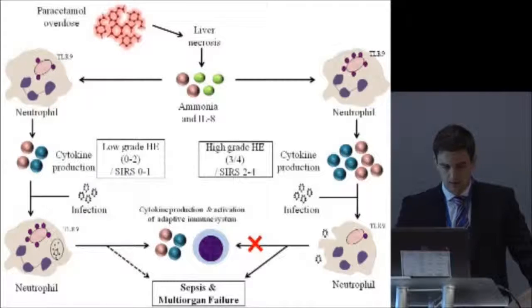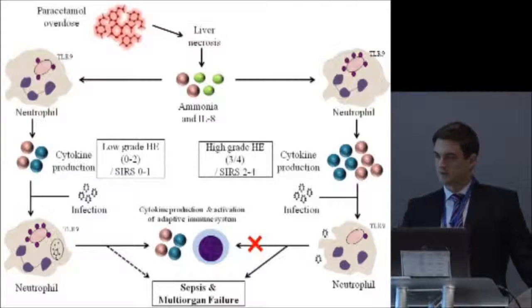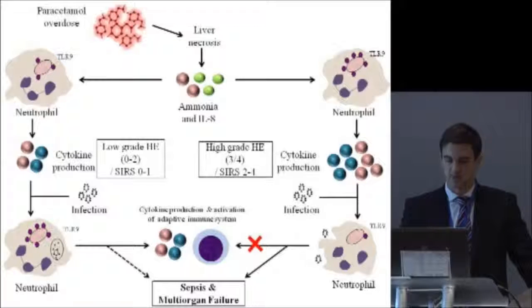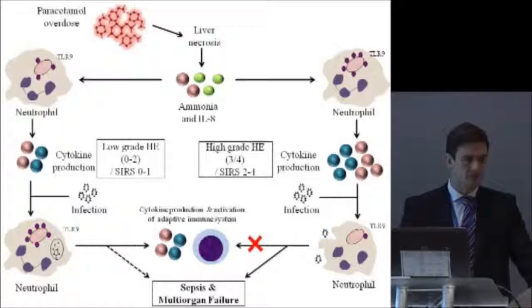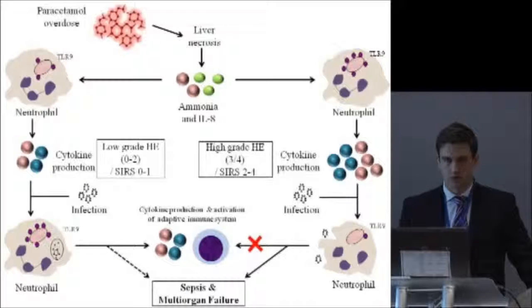When we then expose these neutrophils to further bacterial challenge, these neutrophils appear to be exhausted and unable to mount further cytokine responses, which may render this patient susceptible to the development of sepsis and multi-organ failure, which is what we commonly observe in these acute liver failure patients.